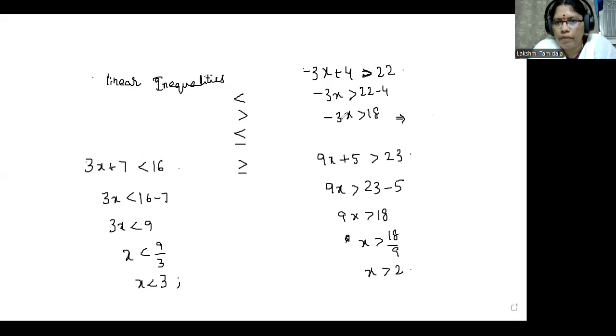That means here we divide both of these sides by negative 3. That becomes x is less than 18 over negative 3. This implies x is less than negative 6. This is the solution. Okay. In this way, you have to solve linear inequalities.